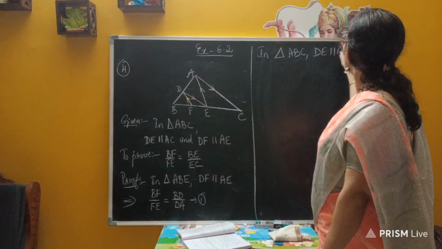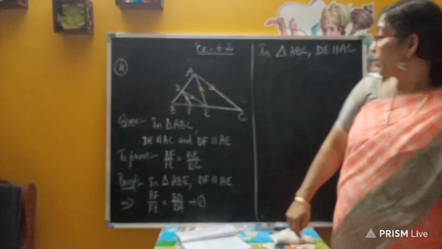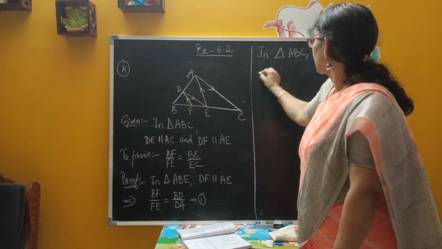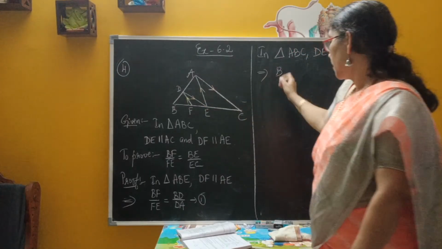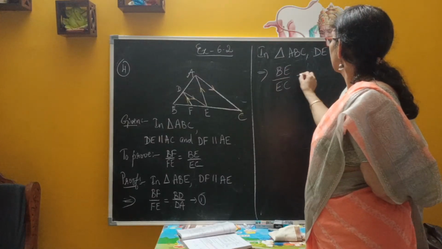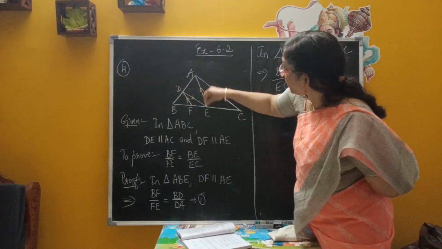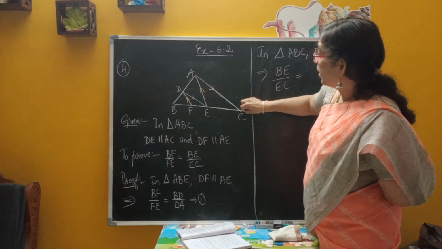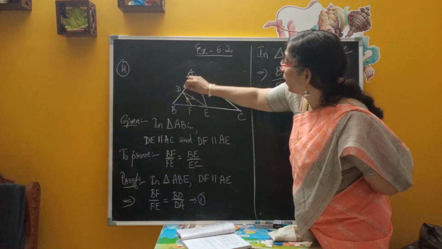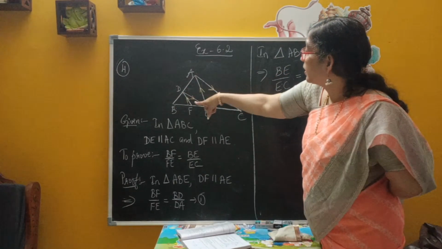DE parallel to AC. So how do you write the ratio? BE by EC is equal to, yes, other side. See, BE by EC. Then which is the other side? Here BD by DA.